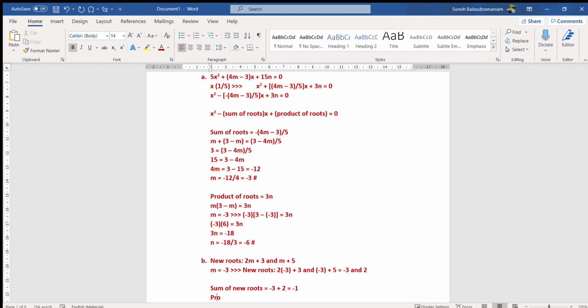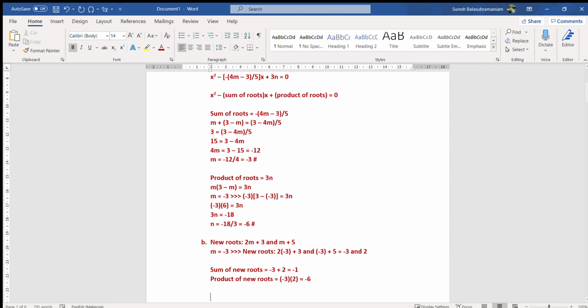Then the product of the new roots: negative 3 multiplied by 2 is negative 6.